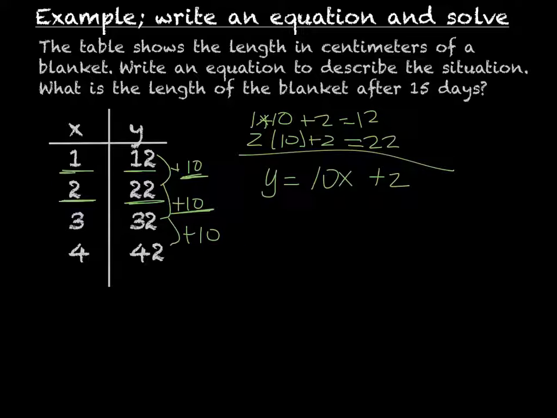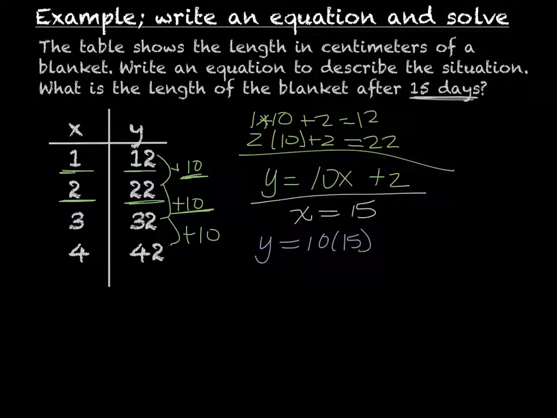And then what is the length of the blanket after 15 days? So that means that x is equal to 15. And then I put in what I know, y equals 10 times 15 plus 2. And y equals 150 plus 2. So y equals 152 centimeters.